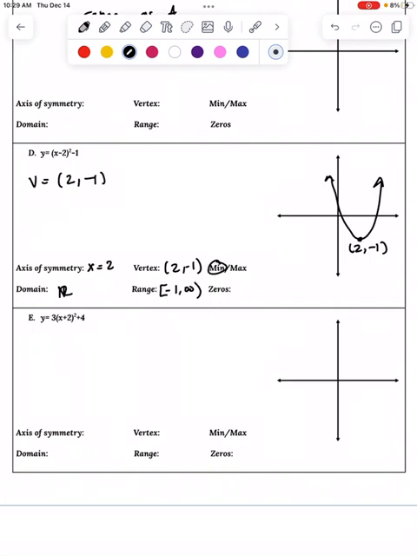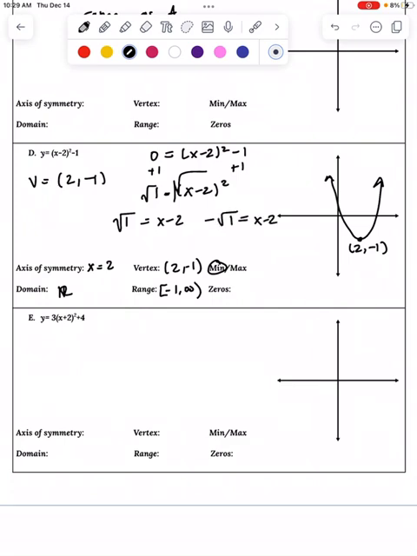All right, zeros. So here's the process on these ones. You have to set it equal to 0. Then we're gonna get the inside, or parentheses, alone. Once we get here, we're gonna take the square root of both sides. Once you take the square root, I'm gonna have square root of 1 equals x minus 2, and I'm gonna have -1, square root of 1, x minus 2.